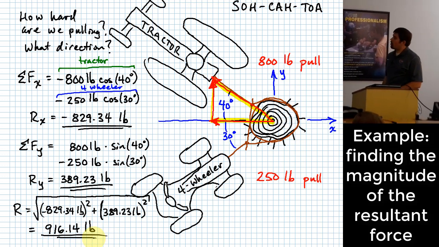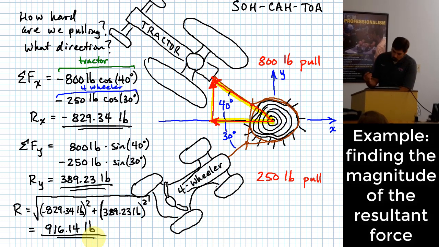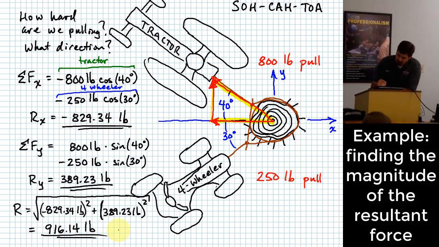This is how hard we're pulling on the stump, or if you want to use the nice terms we have here, this is the magnitude of the resultant force.